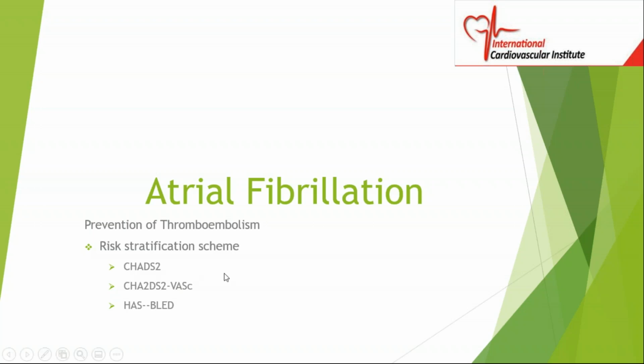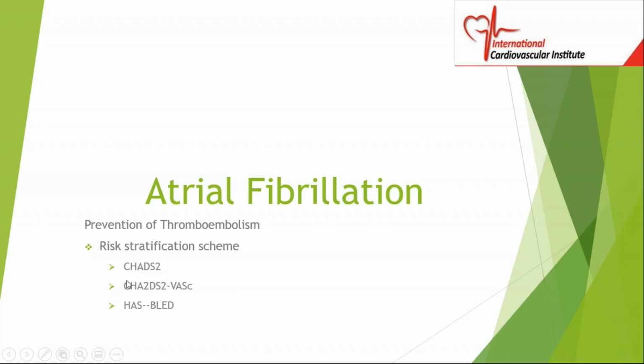So they developed the CHA2DS2-VASc score, which is a much more complete scoring system. And the acronym basically: you have congestive heart failure, hypertension, age, and in the CHADS2 score, age was age greater than or equal to 75.